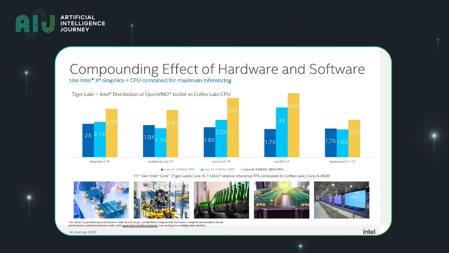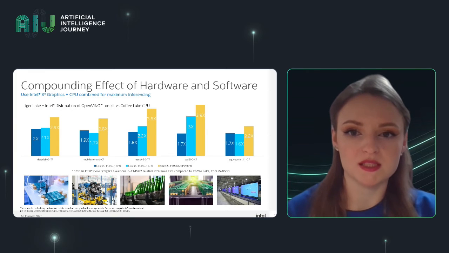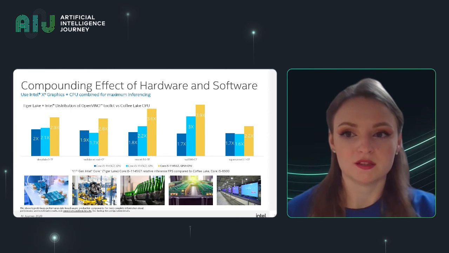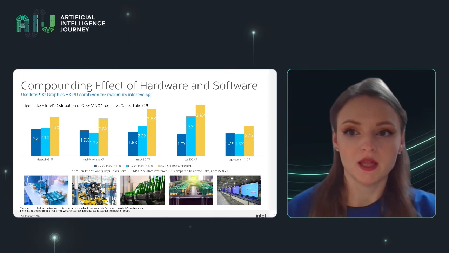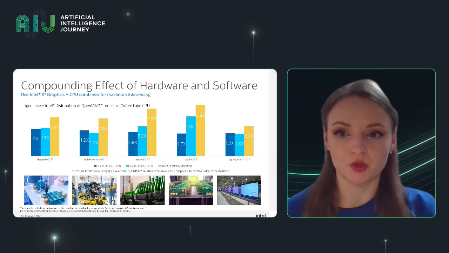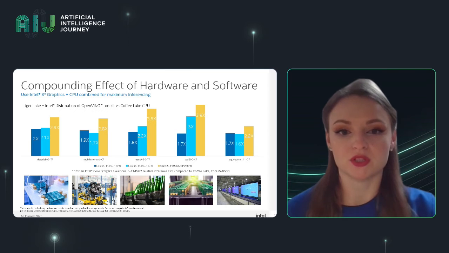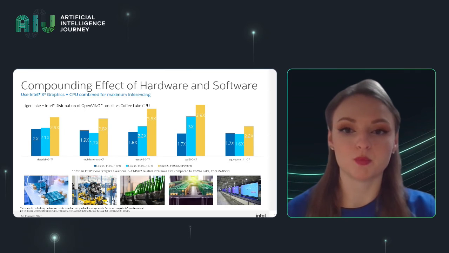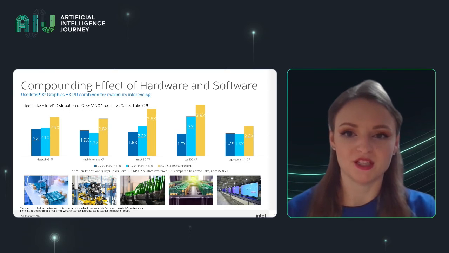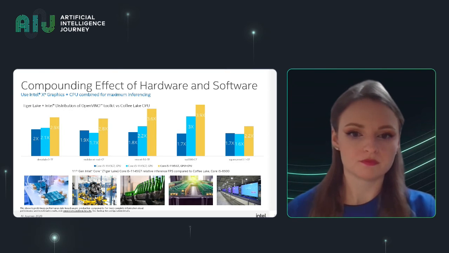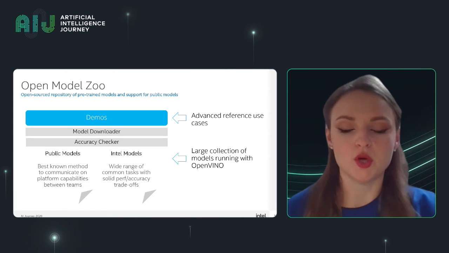You can see the dark blue columns showing how fast this model will work. Light blue shows how much faster the model will operate on graphics, with DP4A, and yellow, the highest column, shows the synergy from the joint operation of central and graphics processors using the multi-device plugin. And certainly DL Boost is used here.